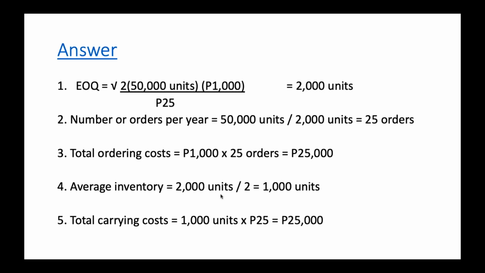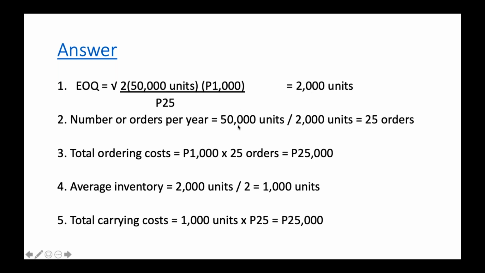So using the formula of EOQ, we will arrive at 2,000 units. So if we are in need of 50,000 units for 1 year, and for every order we will only order 2,000 units, how many times are we going to order in a particular year?